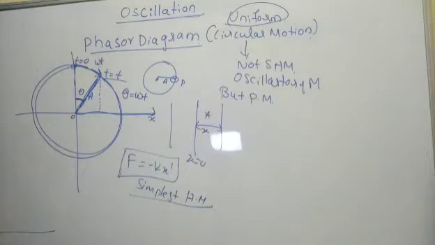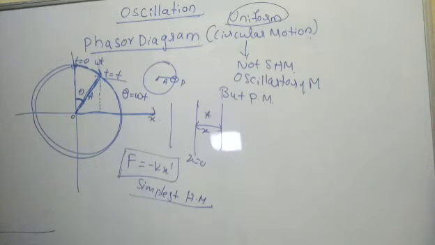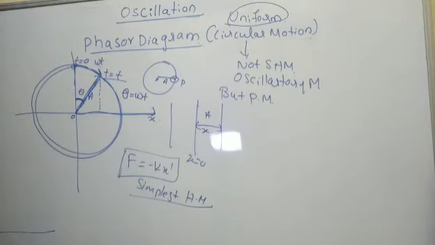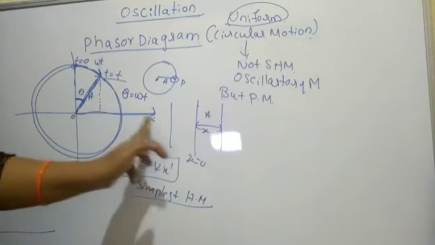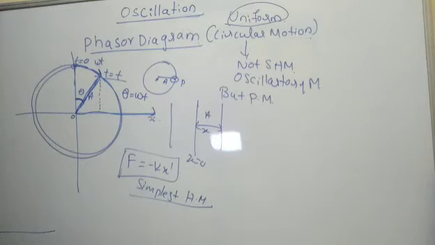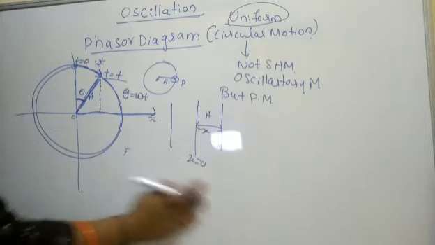So what we should do here is prove that f is equal to minus kx raised to 1, then only the particle executes simple harmonic motion. That means if its projection on the diameter acts like a simple harmonic motion, it is exhibiting to and fro motion. How? Let us go ahead with this. So we have to prove f is equal to minus kx.